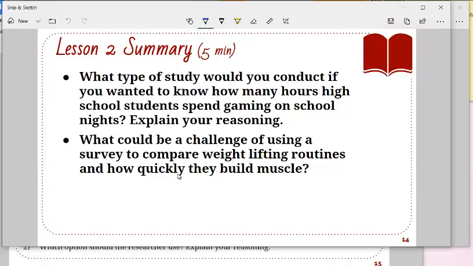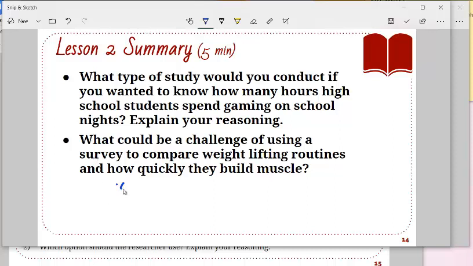Let's see, what could be a challenge of using a survey to compare weightlifting routines and how quickly they build muscle? Oh, all right. So I'm trying to make a connection between what routine a person uses to do weightlifting and how quickly they're building muscle up. Using a survey might be tricky here.